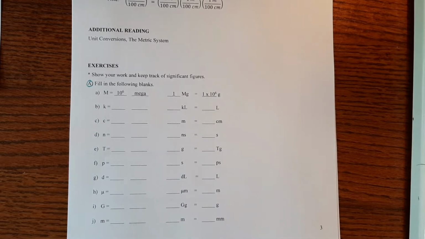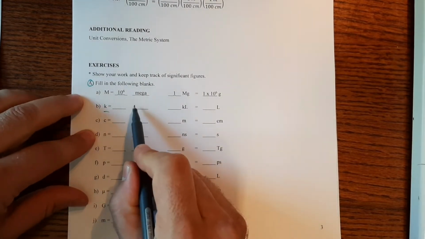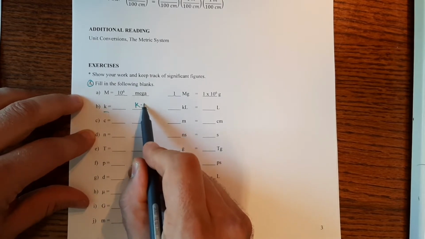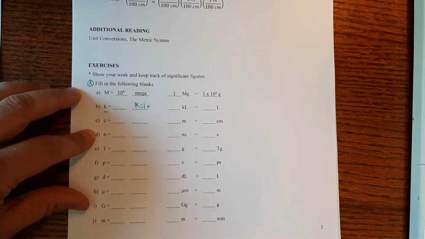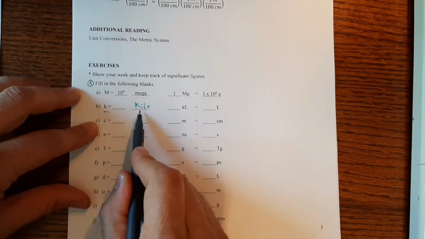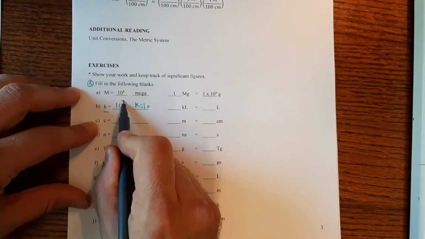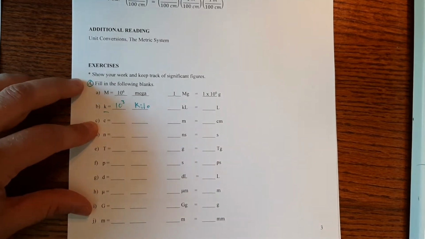For example, the K is for the metric prefix kilo. And that prefix means 10 to the third power, or 1,000.